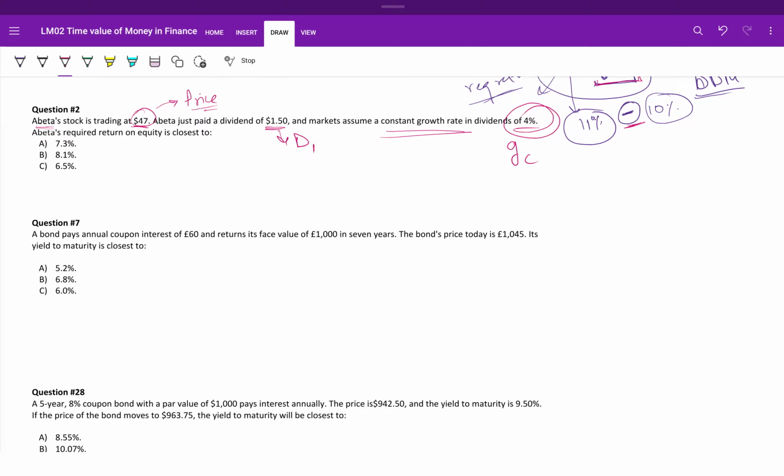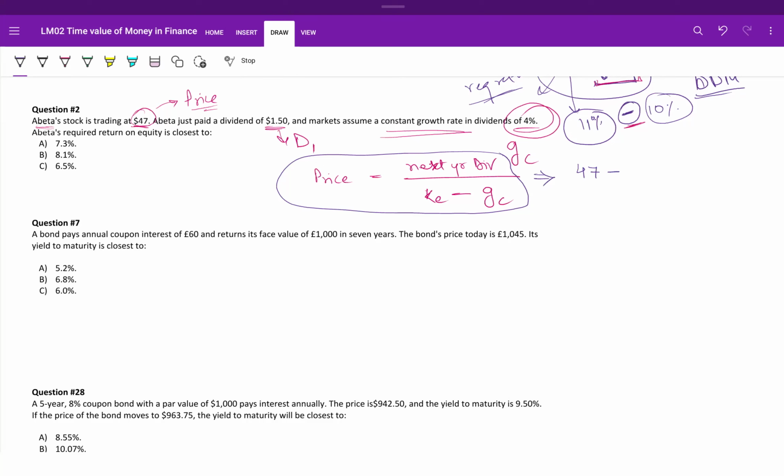So basically the formula is: price is the next year's dividend divided by the cost of equity minus the growth constant. This is what this means. When we plug in the numbers in our equation, the dividend they just paid is 1.5.